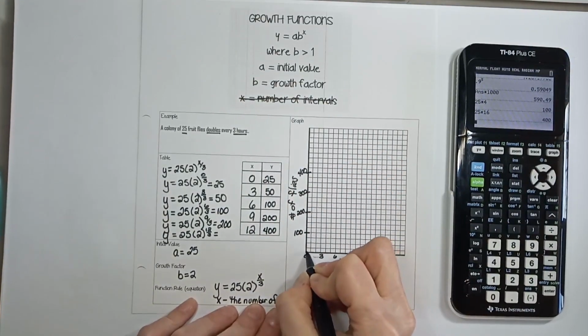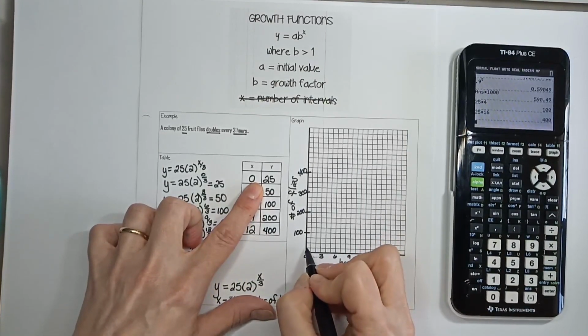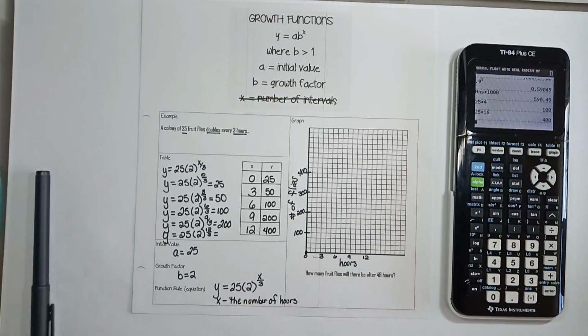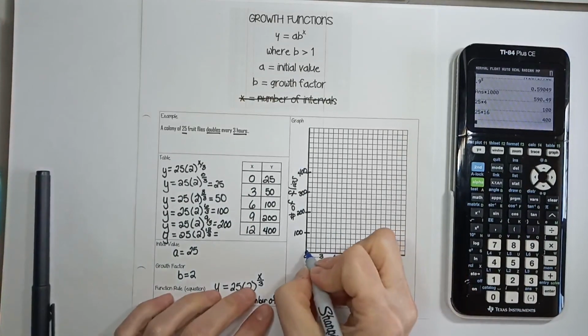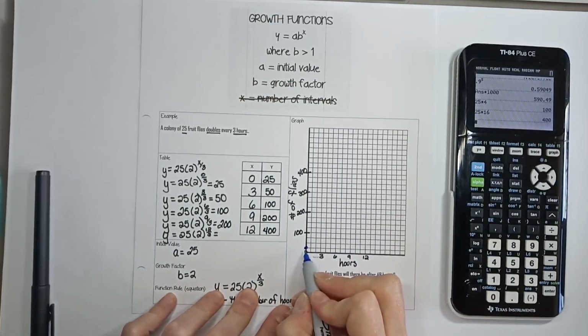Okay, so we've got 0. Whoops, sorry. At 0, we are not at 0. We are at 25, so your dot should go here at the 25 mark. Let's use a different color so it's not confusing.